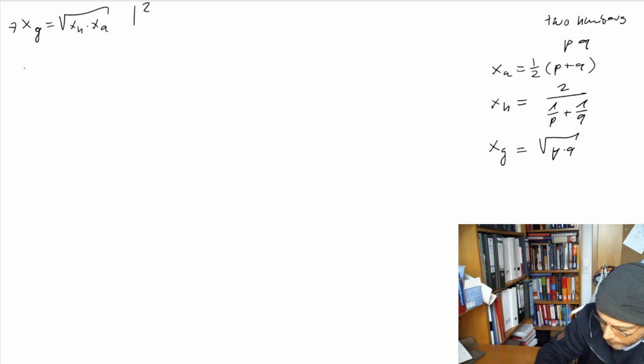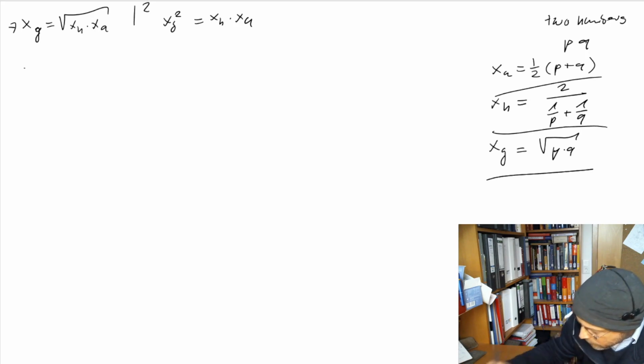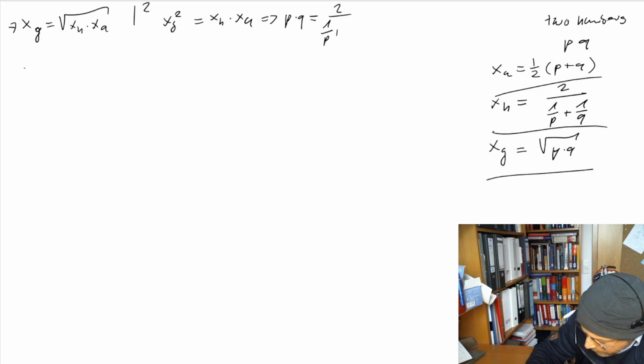We square it, then we get rid of the root, and we have xg squared is xh times xa. And now we put in our numbers. So we get p times q equals 2 over 1 over p plus 1 over q times 1/2 p plus q.